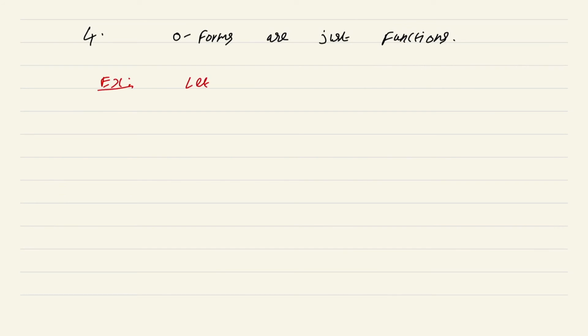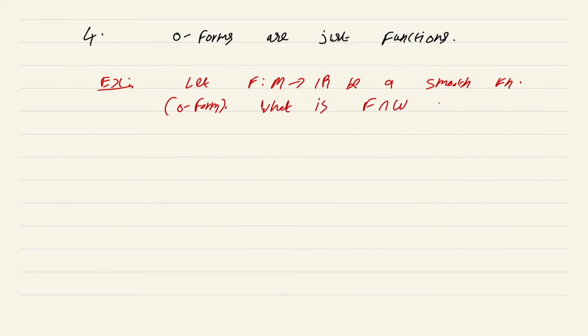Let f from M to R be a smooth function, that is a zero form. What is f wedge ω where ω is a k-form? How will you take the wedge product of a function and a k-form? The answer is going to be the most obviously guessable thing, and I'm not going to spoil the surprise.